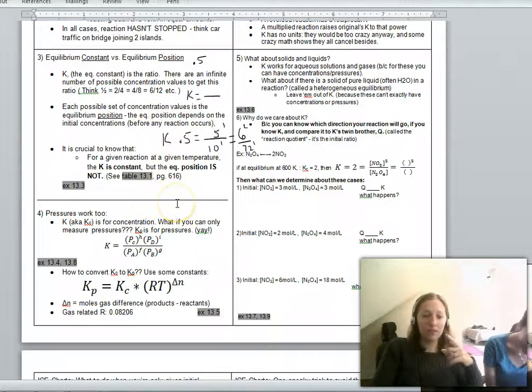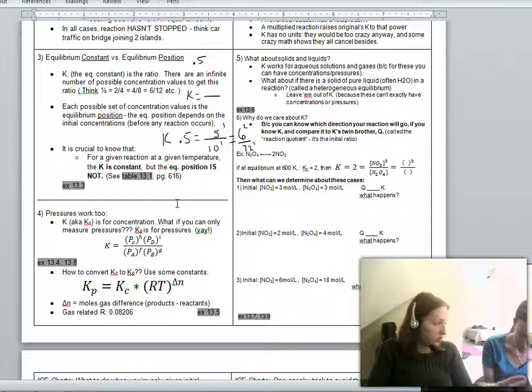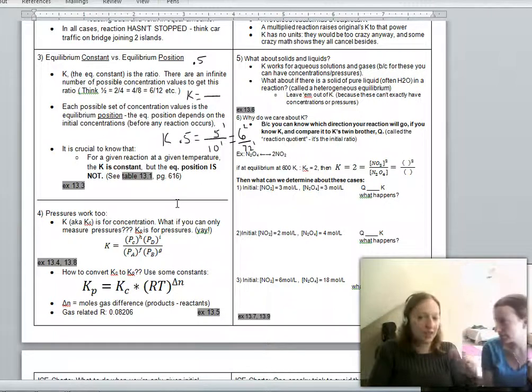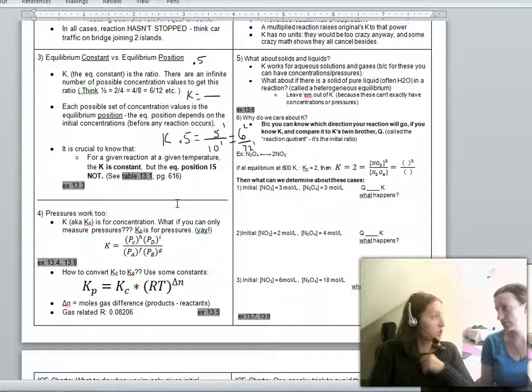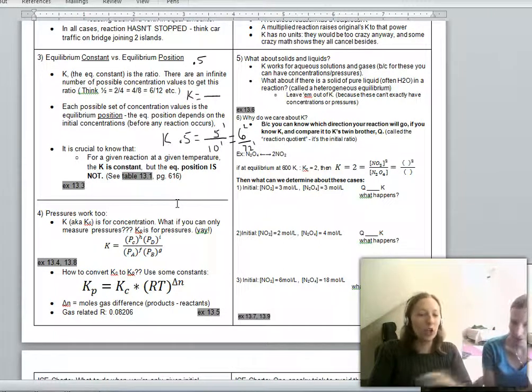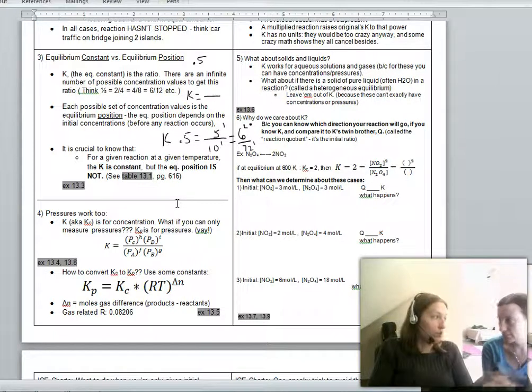All right. So we've been doing concentrations. That's your K sub C, or just your plain old K. Pressures work too. If you have a system that's all gases, the concentration of the gases is mathematically related to the pressures of the gases.